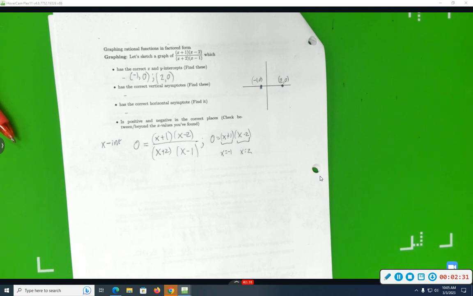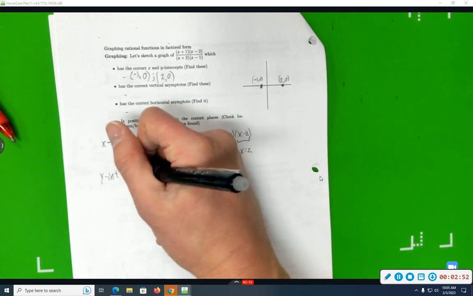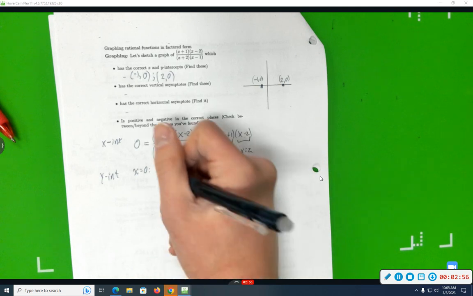All right, what about y-intercepts? How do you find them? Set x equal to 0. To get the y-intercept, plug in x equals 0. What do you get for this output?